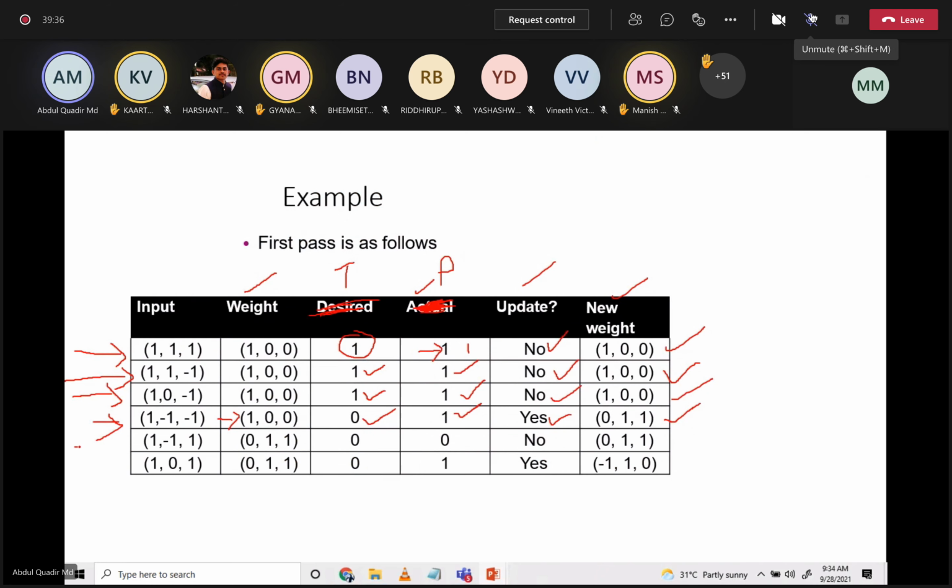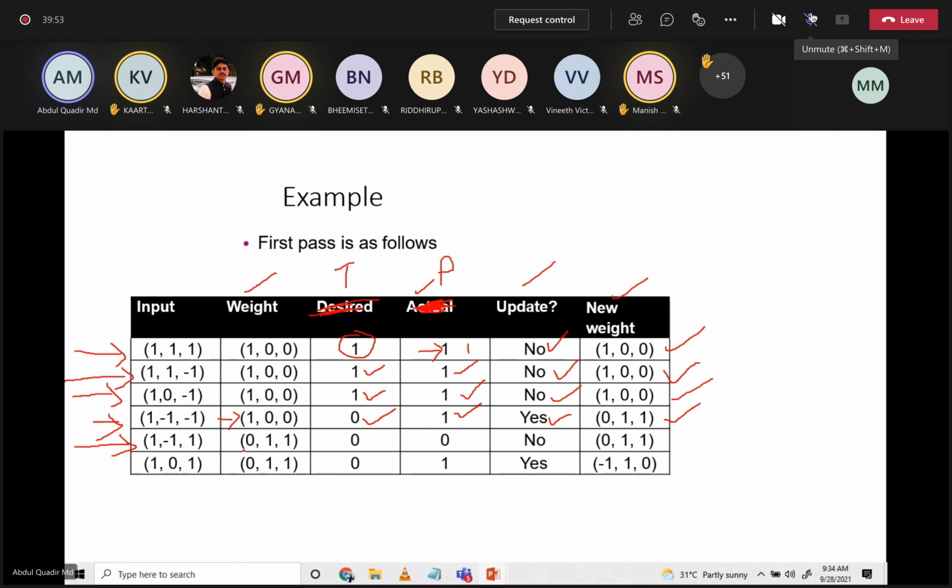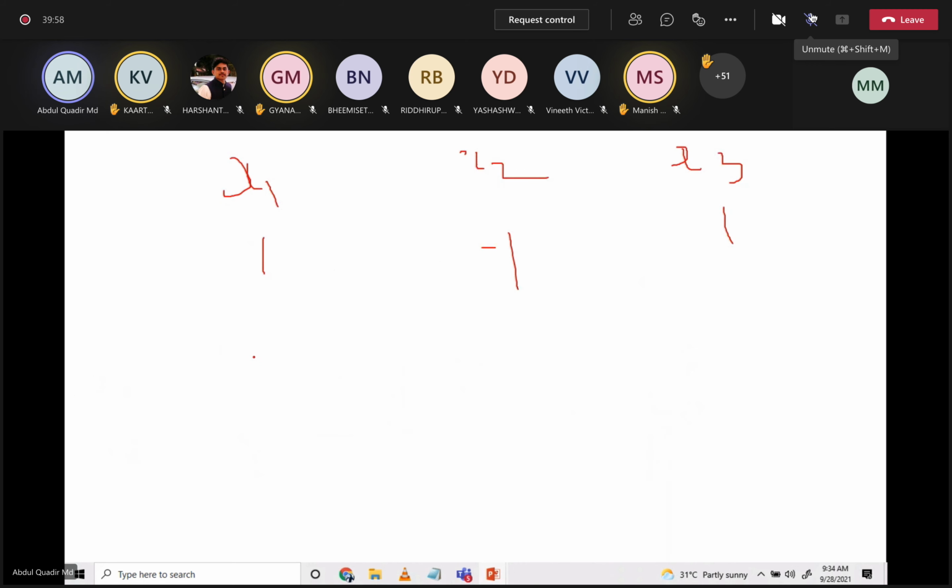Now we are supplying 1 -1 1. What is the input? X1, X2, X3. The input given is 1 -1 1. And what is the updated weight? The latest updated weight is 0 1 1, which you have calculated. W1 is 0, W2 is 1 and W3 is 1.